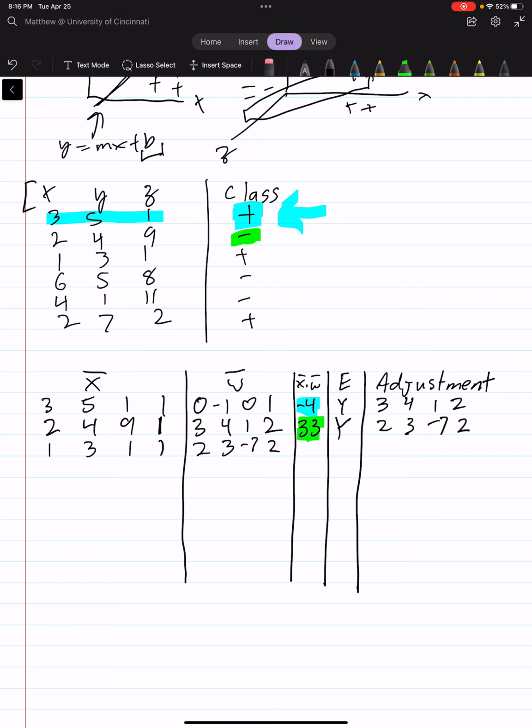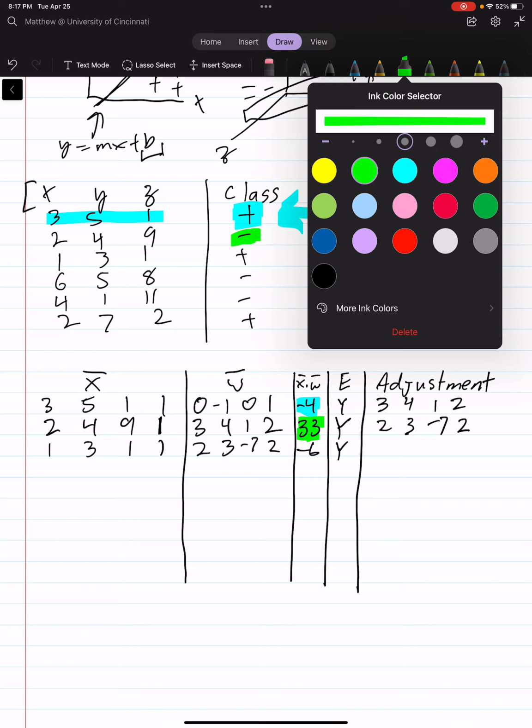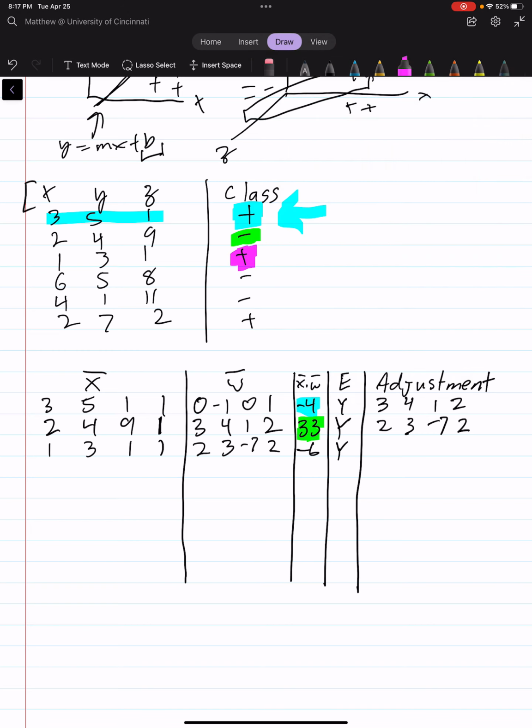And if we do that one, we get -6, but again, we expected positive here, so we wanted positive, we got negative, so we have error again. I'm sorry. I was copying it down and I skipped a line.